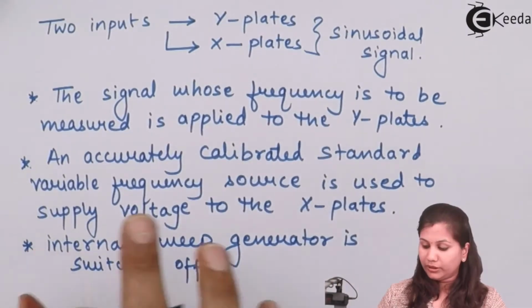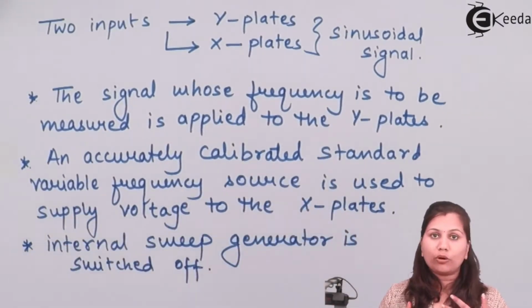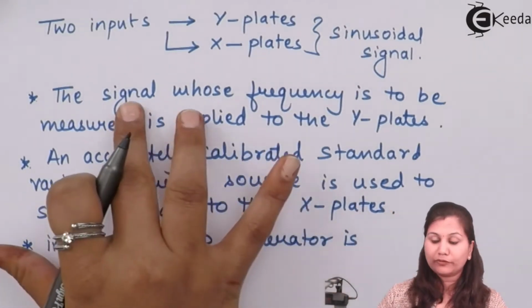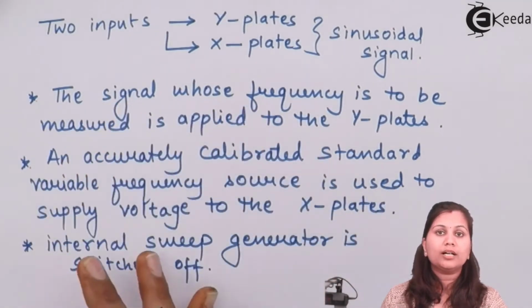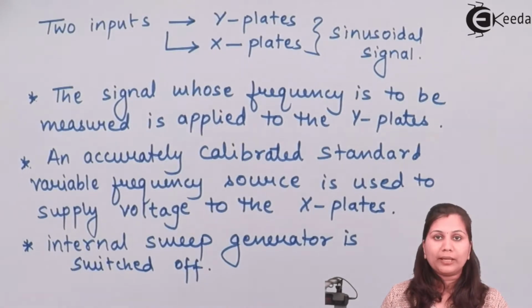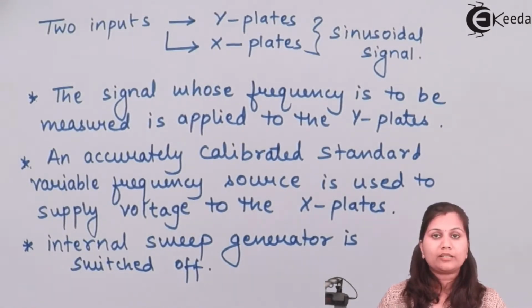The frequency of the standard signal is already known to us. So if we get a circle or ellipse, it means that the frequency of the signal is equal to the frequency of the standard signal. Both of them have the same frequency. In this way, the frequency of the signal can be measured.